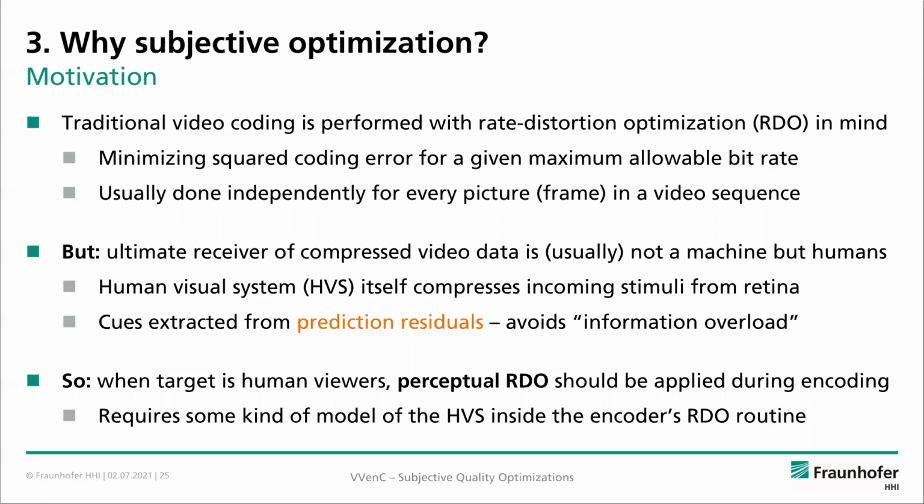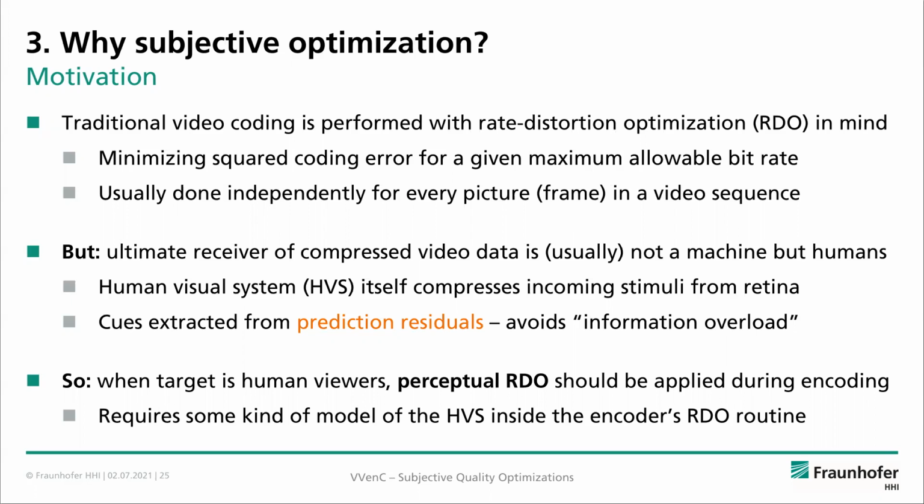And that's usually done independently for every picture, or in other words, frame in a video sequence to simplify this optimization. But ultimately, the receiver of the compressed video data is usually not a machine, but the human visual system. And if you read up about how the human visual system, or HVS, works, you find a lot of evidence that this system itself compresses the incoming data from the retina in order to avoid information overload.